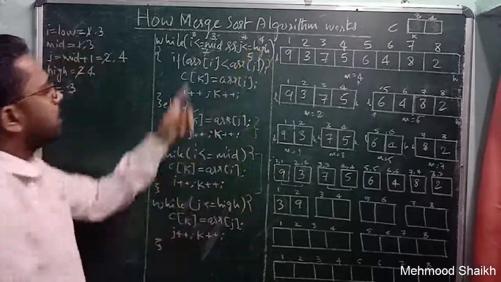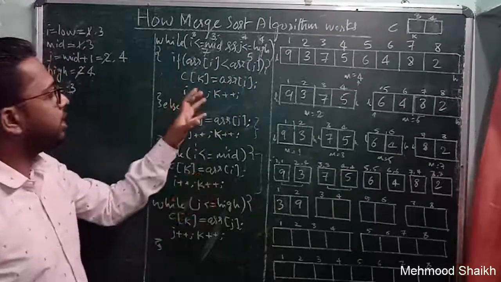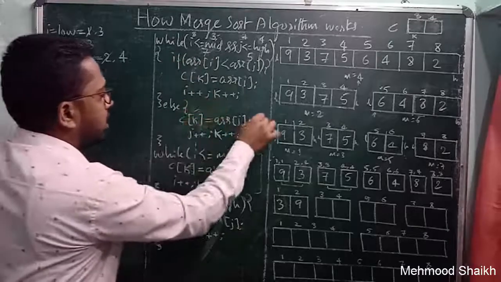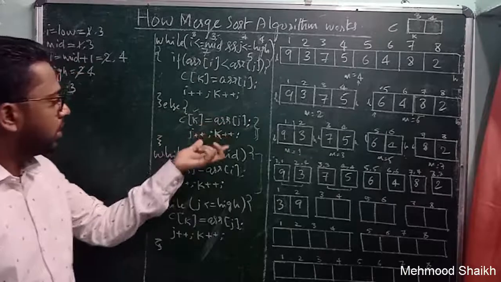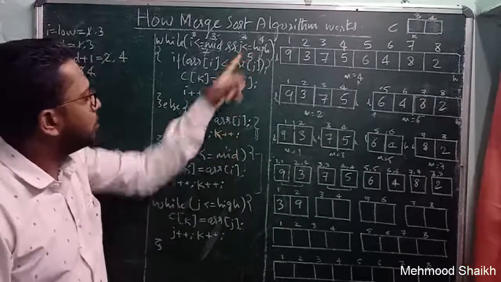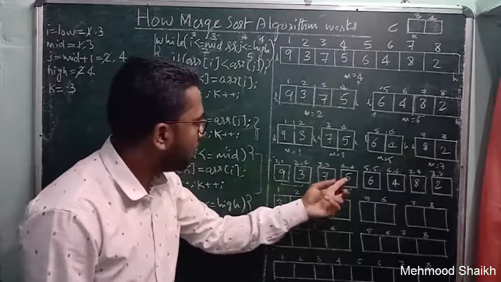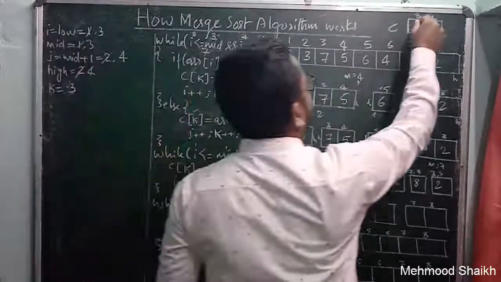We will check if 7 is less than 5, but 7 is not less than 5, so the condition is not true. So control will come inside the else part, where we will execute these two lines. array of j is array of 4, which is 5, so we will move the element 5 into the third index of the C array. So that is our third index.